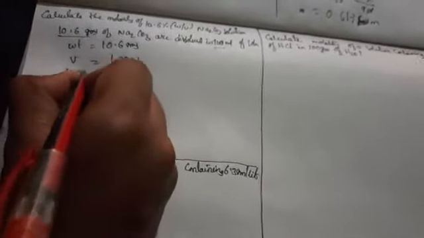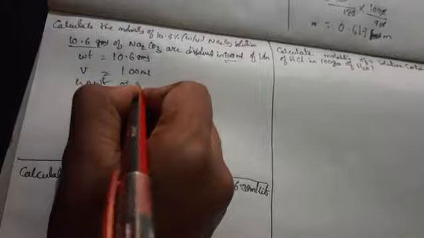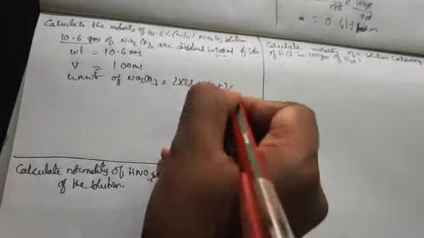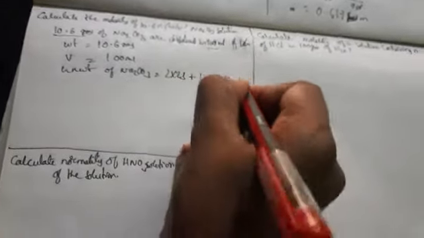Then what is the gram molecular weight of this Na2CO3? 2 into 23 plus 12 plus 3 into 16. What is the value? 106 grams. So what is the formula here?